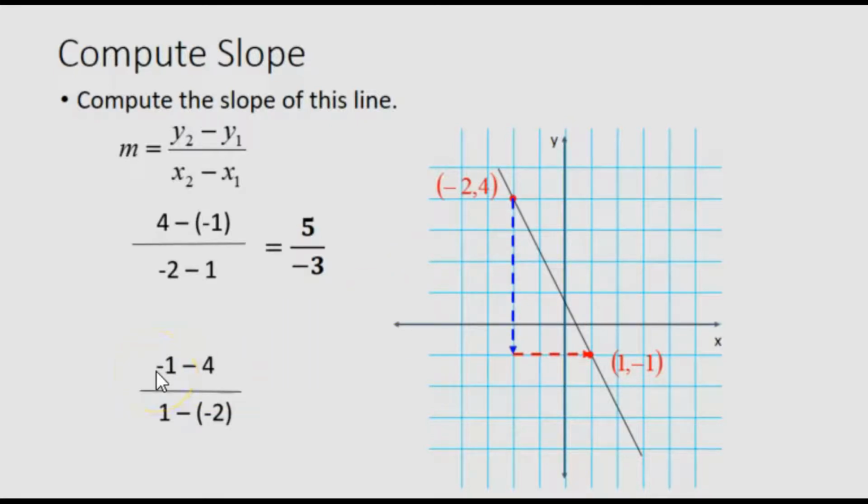Simplifying, negative 1 minus 4, or plus a negative 4, is negative 5. The negatives cancel out in the denominator, leaving us with 3. So again, we're getting that same negative slope, a ratio of rise of 5 over run of 3 in the negative direction.